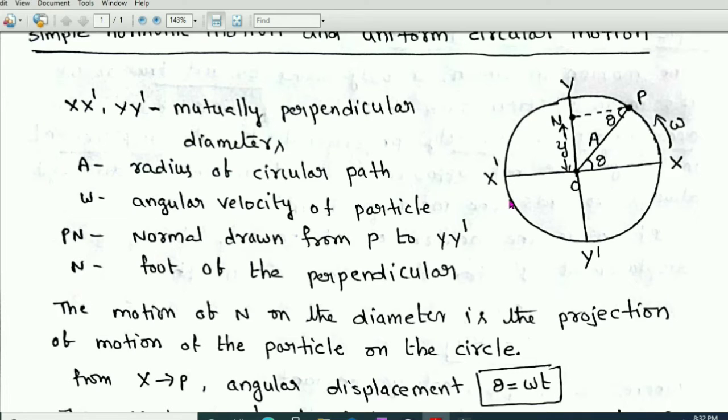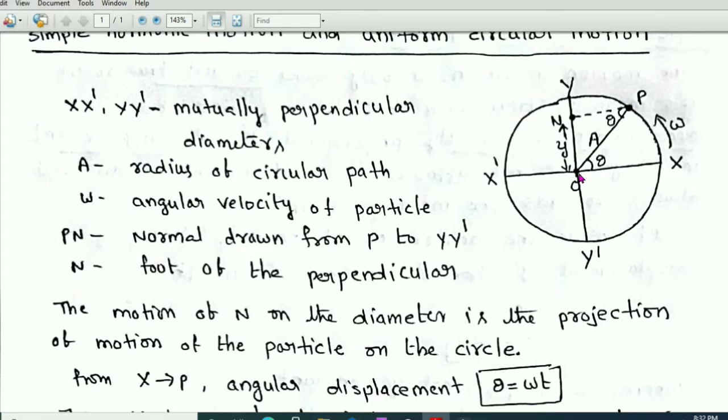That means as the particle moves along the circular path, the foot of the perpendicular moves along the Y dash diameter to and fro about the mean position.